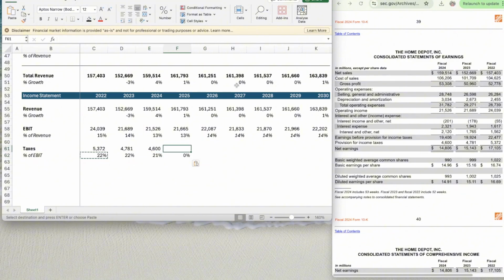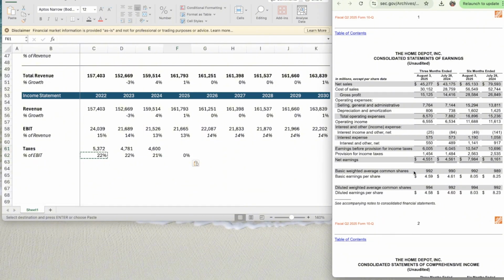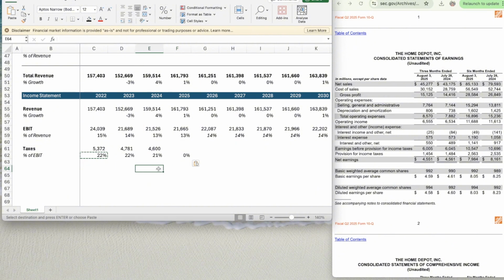And now for 2025, 2563. So it's pretty much the same as last year. Let's do it anyway to be precise. 1.814 equals 2563. 1.81459.